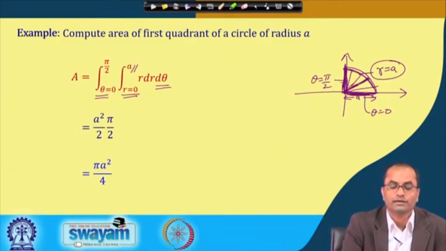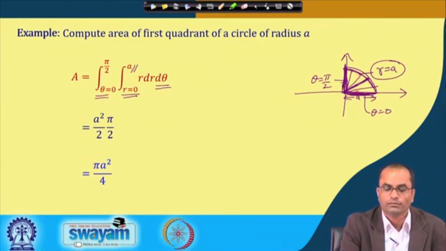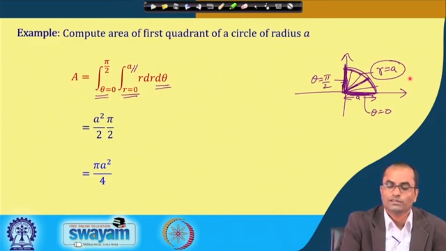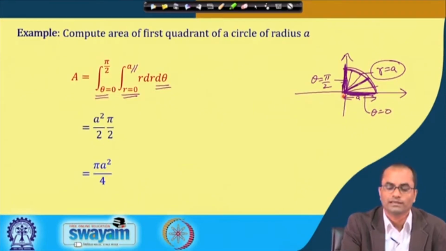But if we do it in Cartesian form, it will be a little bit complicated, because we have to draw the limits of x and y that contain the circle in Cartesian form. The equation of the circle in polar form is simply r equals a, so to cover this region we go from r equals 0 to r equals a.